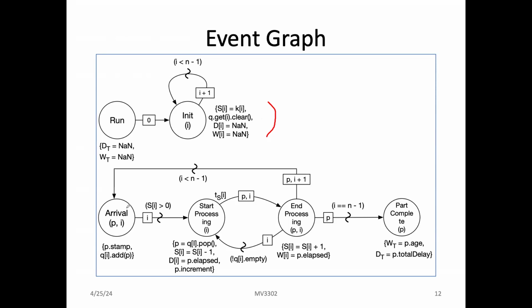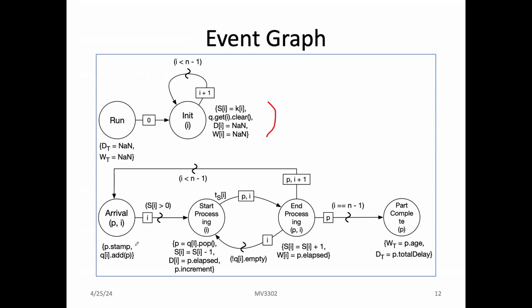But now here's the thing. Our arrival event is the arrival of a part to a workstation. Notice that even saying it like that, there are two pieces of information: which part and which workstation. So we're going to have two arguments.